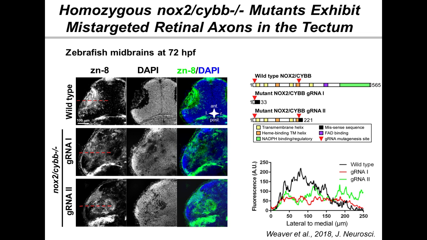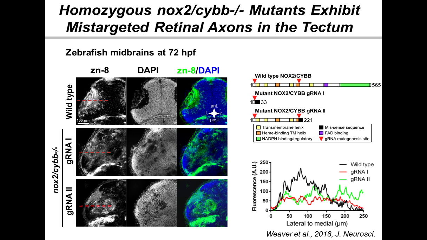And then we look in the brain, in the optic tectum. Again, first control, so this is wild type. Without the mutation, we see the typical innervation in green here of the optic tectum. But then, with both guide RNAs, with both types of knocking out Nox2, we see severe perturbation of the innervation.